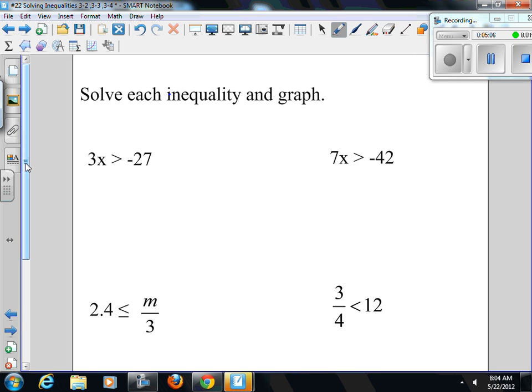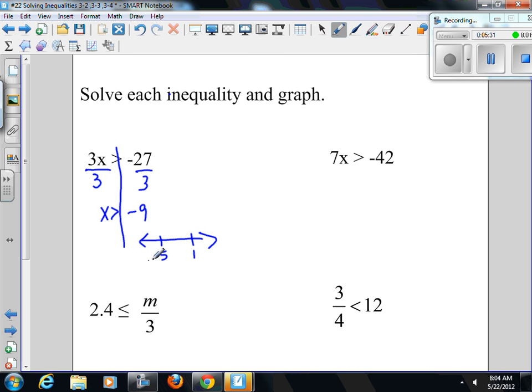Next, solve each inequality and graph. Now, let's go ahead and treat this just like we did the other equations. We're just going to draw a line down through the inequality sign. To get x alone, divide everything by 3. So x is greater than -9. So here's 5.